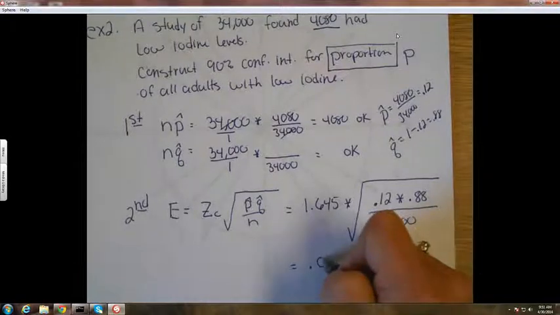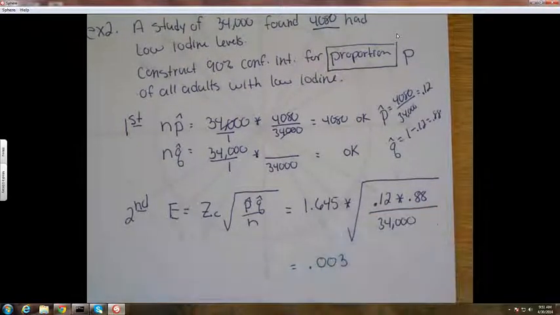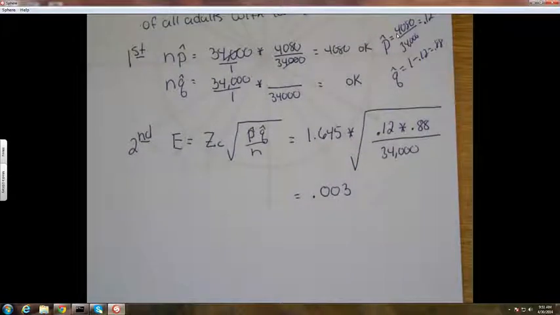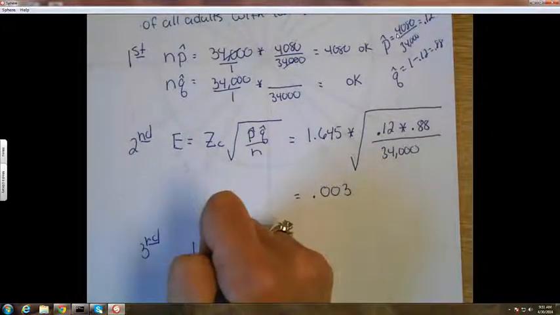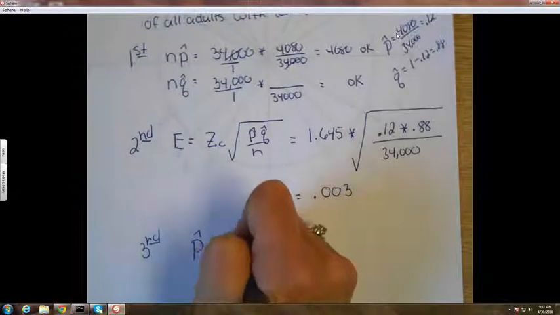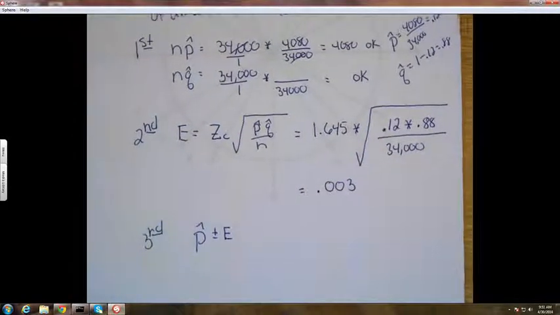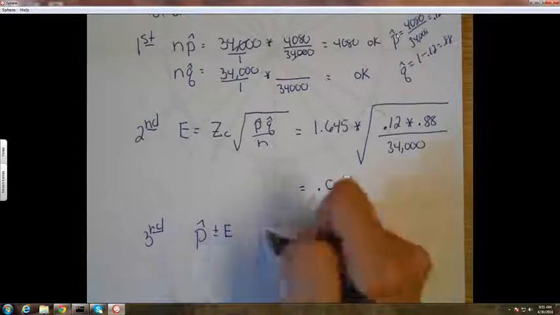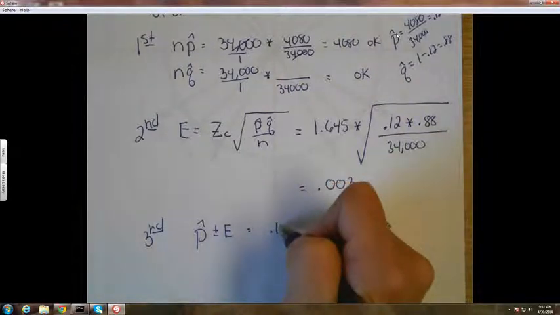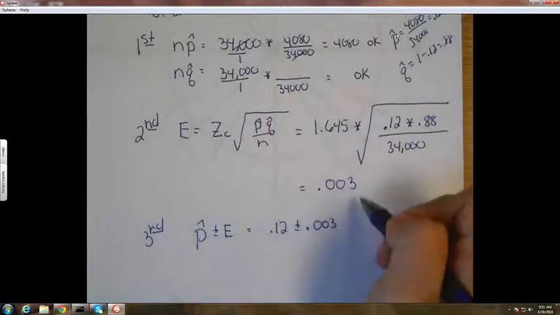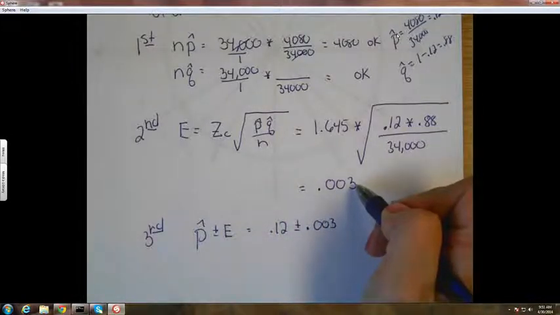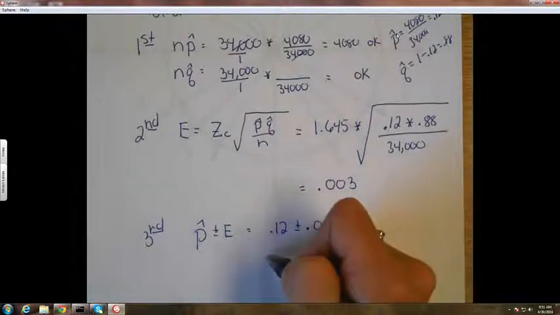How about you? And then P hat plus and minus the error is the 0.12 plus and minus 0.003. That error is so small because our sample size was so large. The bigger the sample, the more accurate you're going to be. So look at how small this interval is going to be.